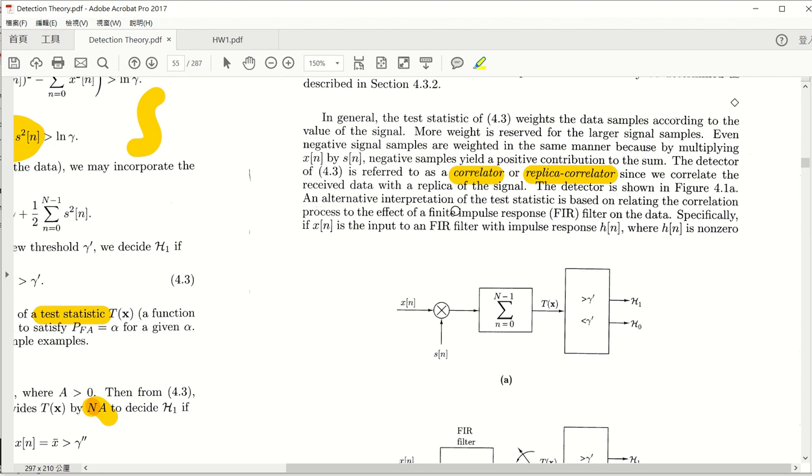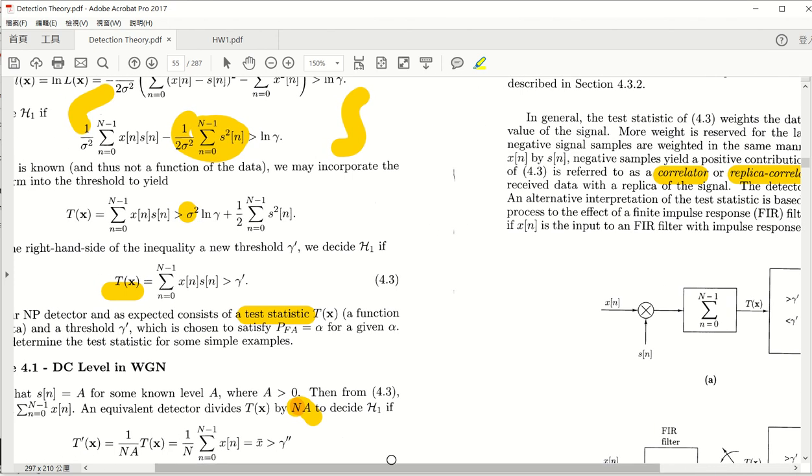An alternative interpretation of the test statistic is based on relating the correlation process to the effect of a finite impulse response filter on the data. I'm not sure if you have taken the course on filter design or have the concept of a filter. We are actually passing the data through a filter while s serves as the impulse response of the filter.